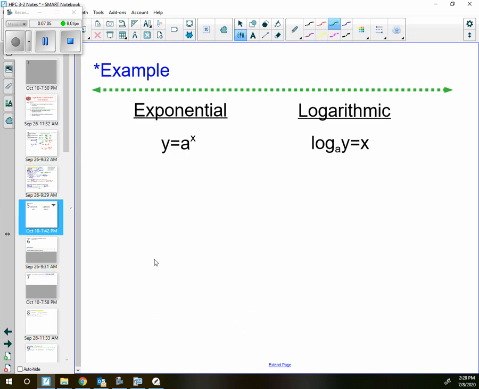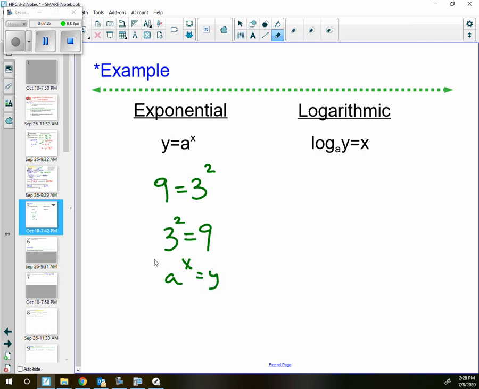So exponential, let's take a really easy exponential scenario here. So 9 equals 3 squared. Or if you like to start with 3 squared equals 9, whichever way is easier for you to look at, that would be like a to the x equals y, if that's a simpler way for you to look at it. What would that look like in log form? So what I'd like to do and think about it for these going back and forth is I like to think of a circle.